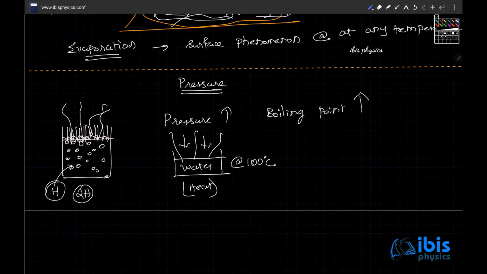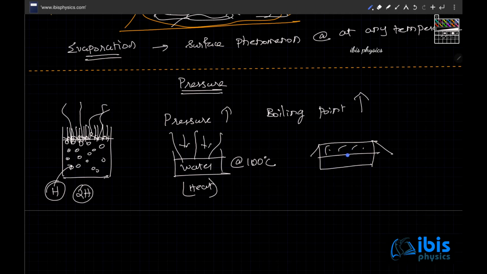But in a pressure cooker, when you put a lid, what happens? When the water boils, some steam will be formed here, and the steam cannot escape. When more and more steam gets here, pressure builds up, and because of the high pressure, it becomes very difficult for the remaining water to boil.